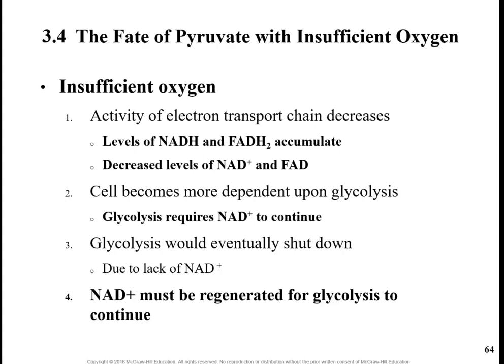So the cell will become more dependent upon glycolysis because glycolysis is the only step that can continue in insufficient oxygen. And glycolysis requires NAD to continue. So if left untouched, glycolysis would eventually shut down due to lack of NAD. So NAD must be regenerated for glycolysis to continue.